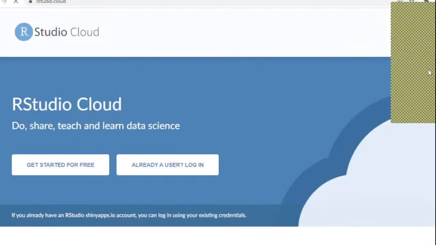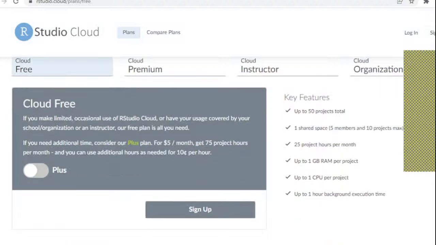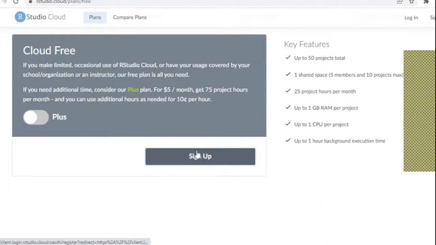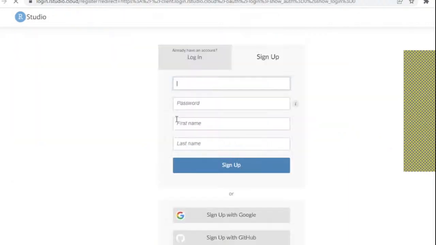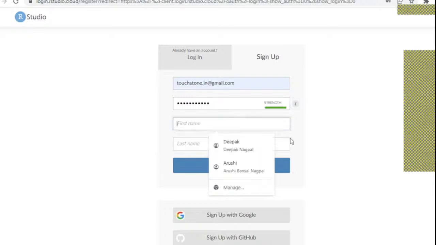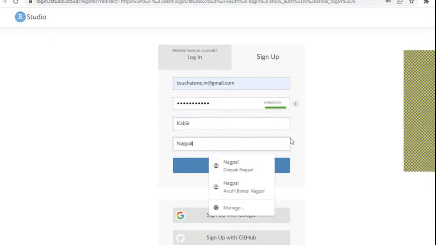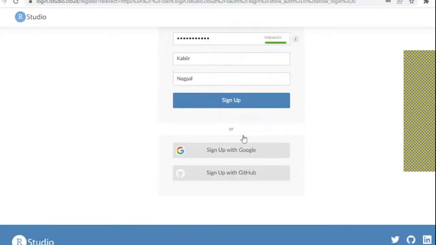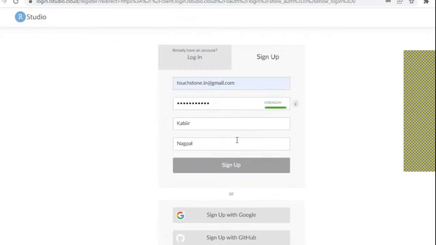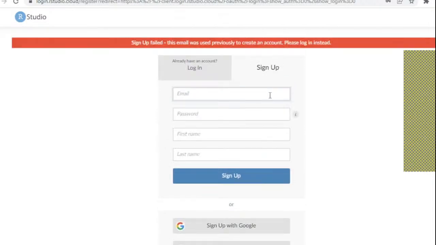All of you can open RStudio Cloud and sign up. All of you do this, right?